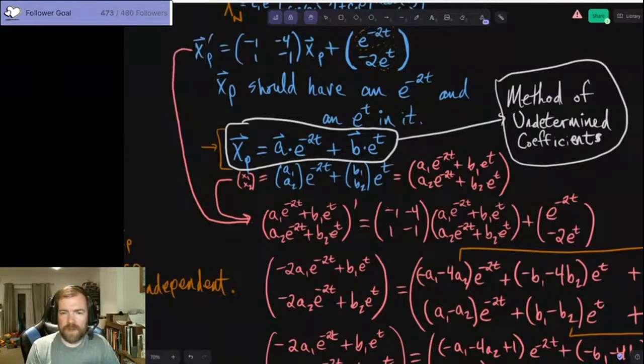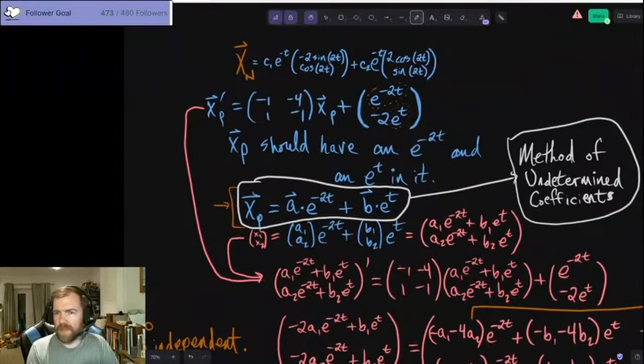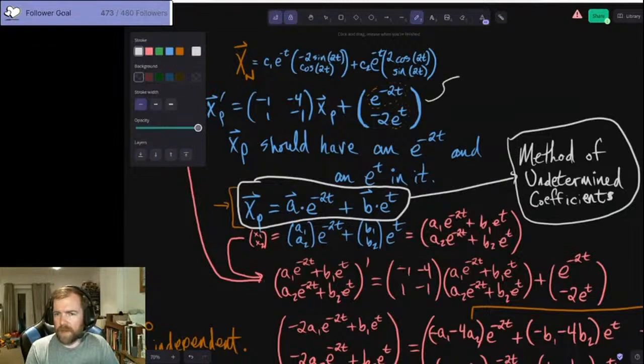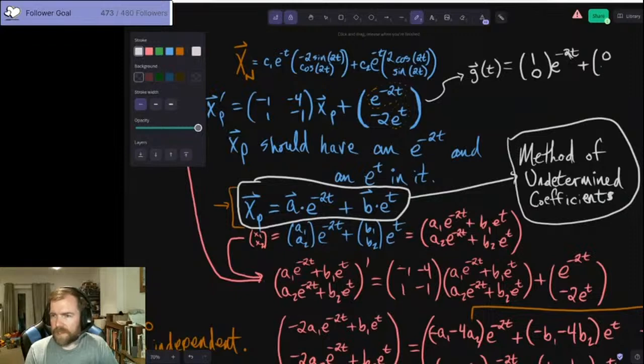There is also another way. g of t in this particular case, the portions again were e to the negative 2t times a vector of 1, 0, plus a vector of 0, -2 multiplied by e to the t.